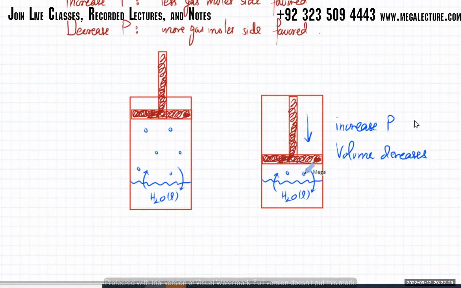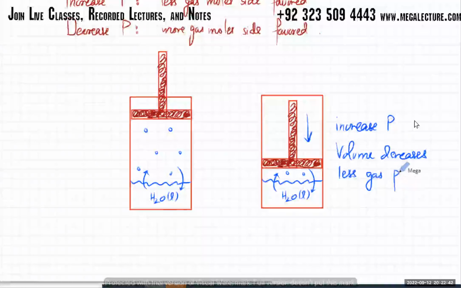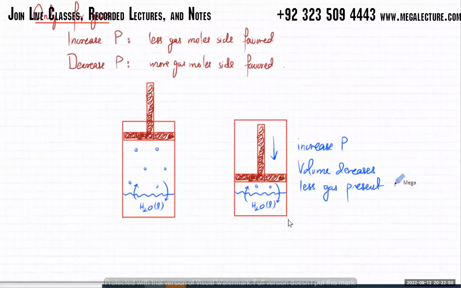So the gas keeps compressing, and eventually there would be no room left for gas to be formed. The volume decreases, so automatically less gas would be produced, right? Is this idea clear that when you increase pressure, you're actually decreasing volume? So less gas will form. There's not enough space available.